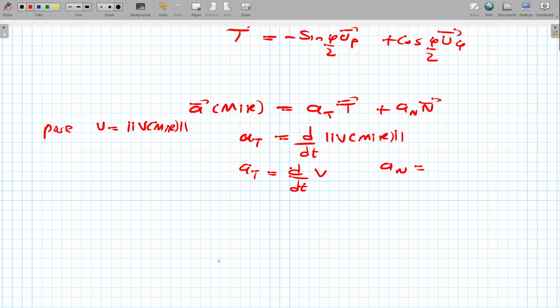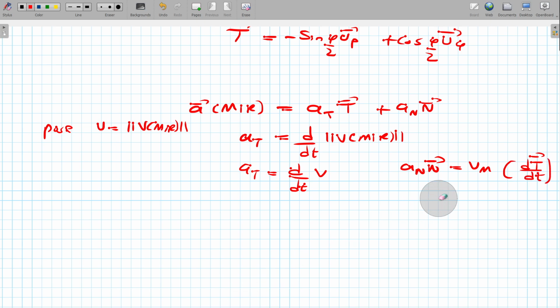Okay, but before that, what we wrote is this. That was the final thing we got, so I'm not looking for that final thing. We can write the entire normal component as dV over dt.